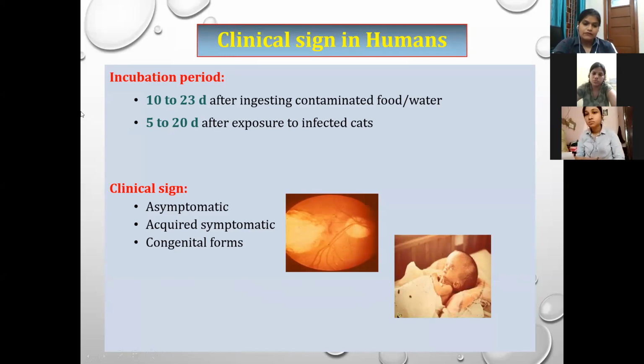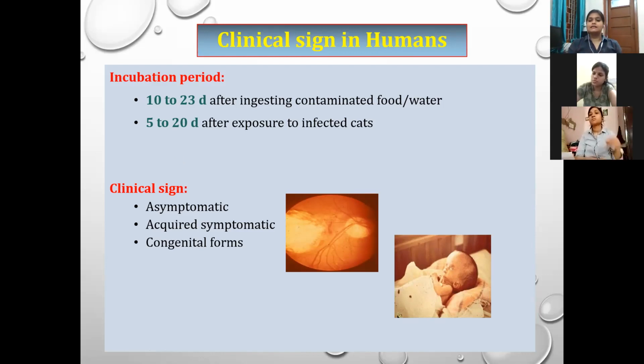And if the human being is infected by contact with the infected cat, meaning handling of the cat litter, in such cases the incubation period is 5 to 20 days. It varies, and this is all based on observation. So after about 20 days of incubation period, it will show some symptoms.